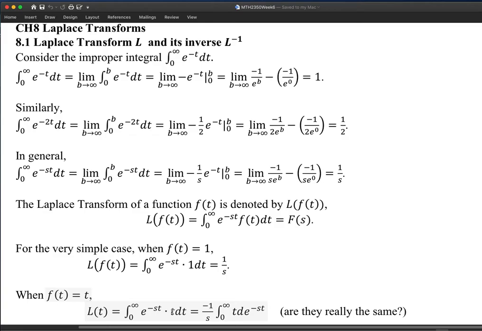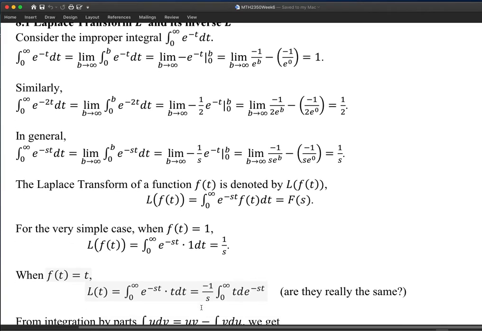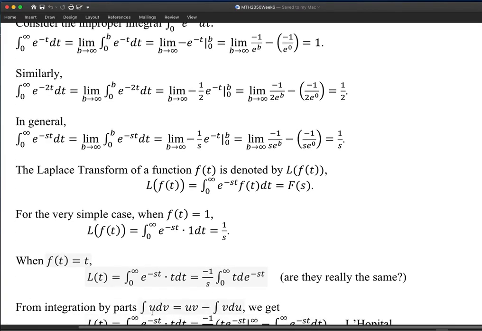What I did here is, I'm considering integration by parts. Remember the formula: the antiderivative of u dv is uv minus the antiderivative of v du. So I'm trying to match the improper integral in the fashion of u dv. u is t, and dv or v is e to the negative st.